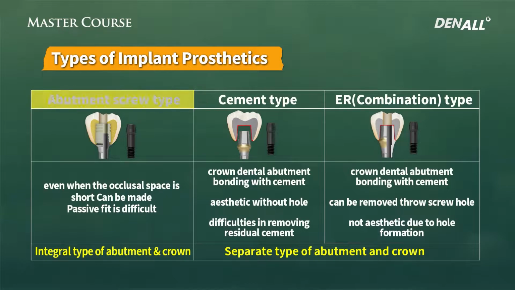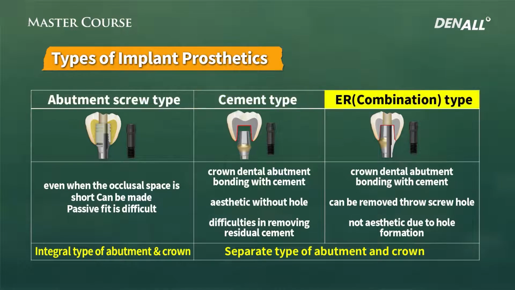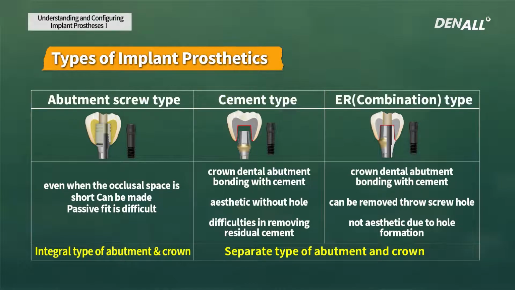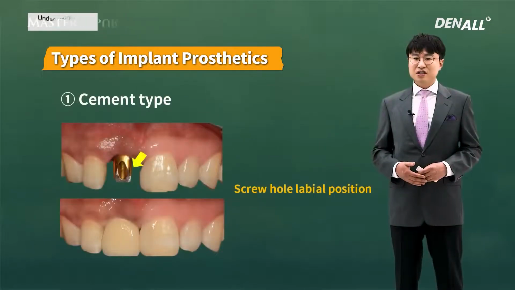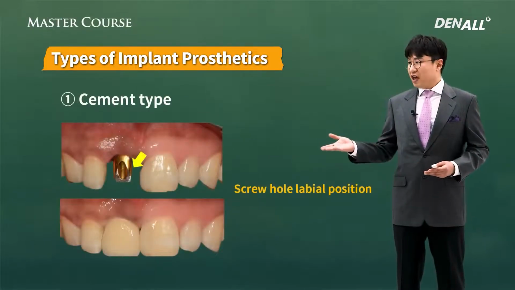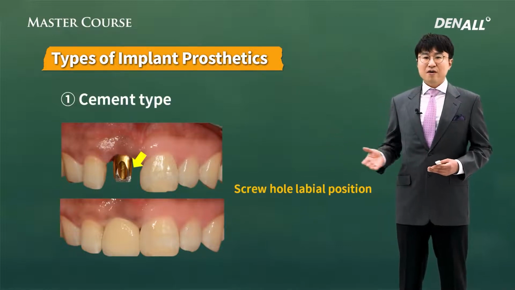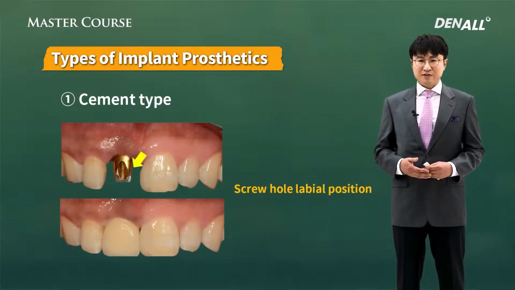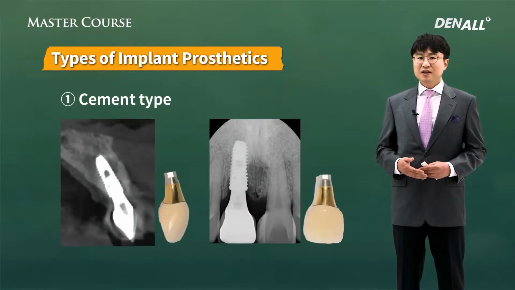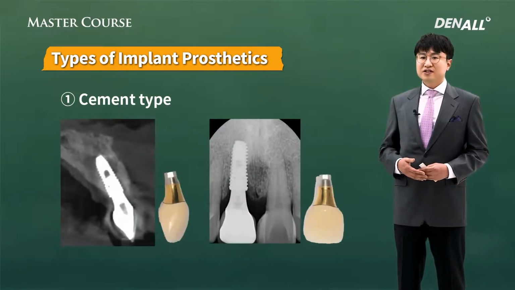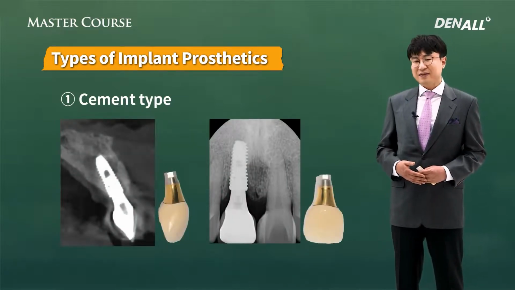For prosthetics, you have the screw type, cement type, and ER type. For all three types, you have to choose the right one depending on the case. You cannot have prosthetics with just one type for all cases. On the anterior side, if the screw hole is in the labial position, it looks not aesthetic, so cement type is inevitably going to be your choice.